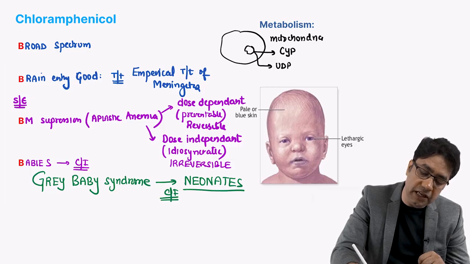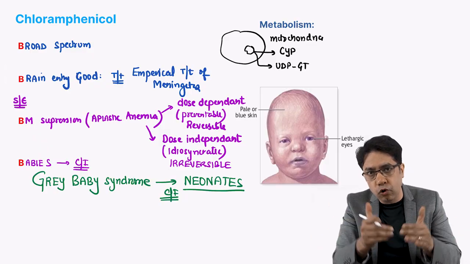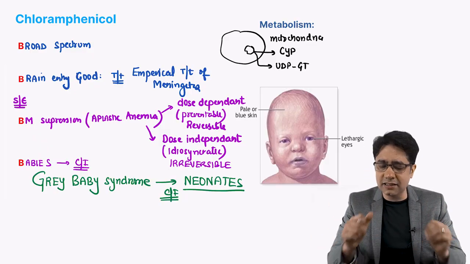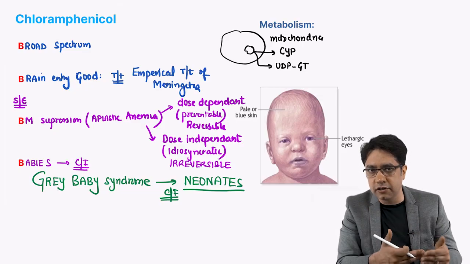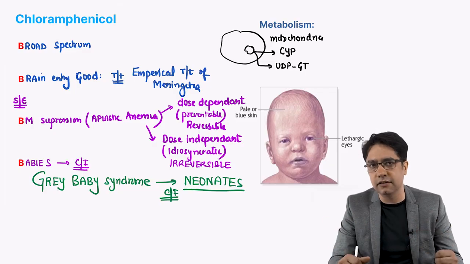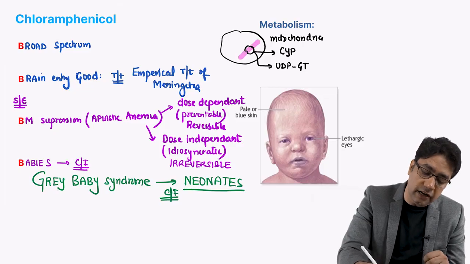Glucuronide is UDP-GT enzyme, that is uridine diphosphate glucuronide transferase. These enzymes are responsible for degradation of toxins and other drugs. Chloramphenicol is a very strong inhibitor of these mitochondrial enzymes.